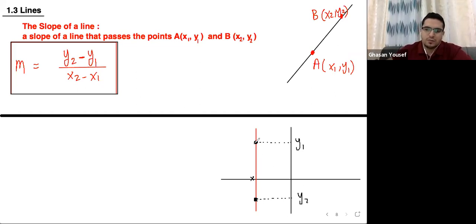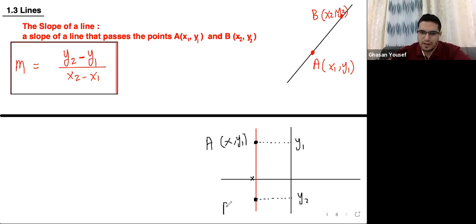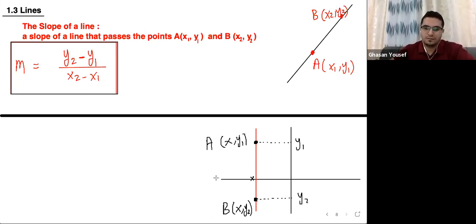These points are defined with the same x for both: x comma y1, which is my point A, and x comma y2, which is my point B. Now what's the slope? What's the slope for the red line?